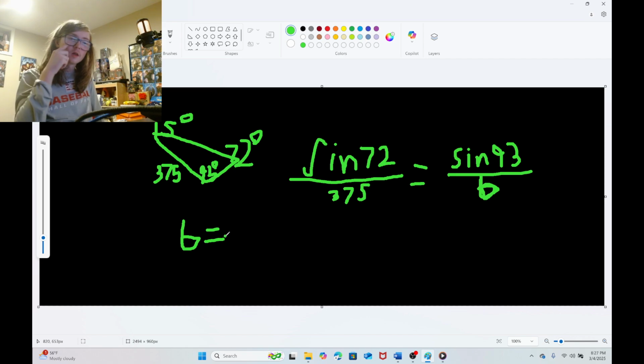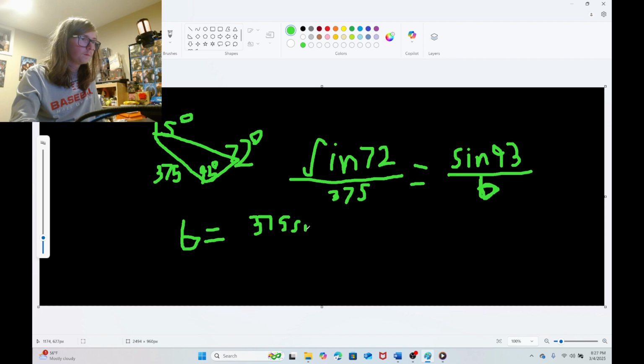So we're using normal sine, not inverse sine, which we'll get to later if we have to. So we're gonna have 375 sine 93 divided by the sine of 72.